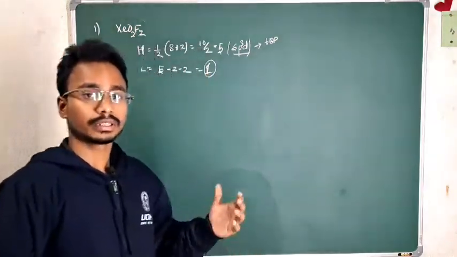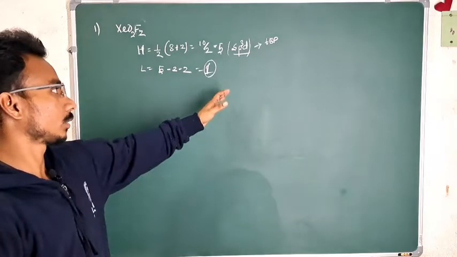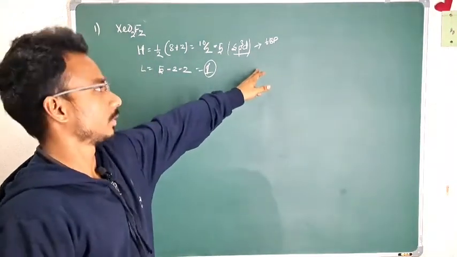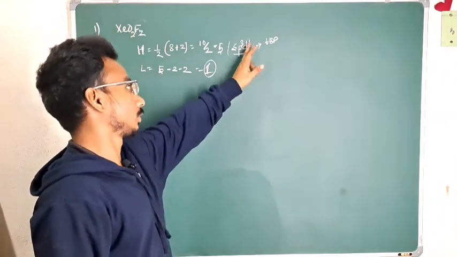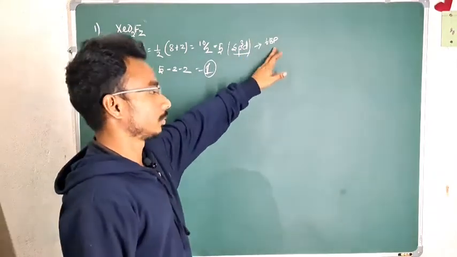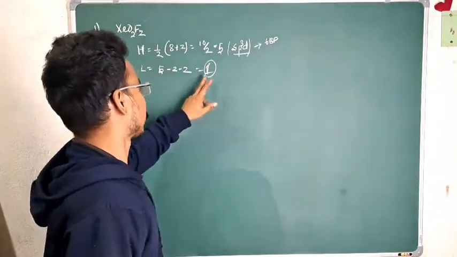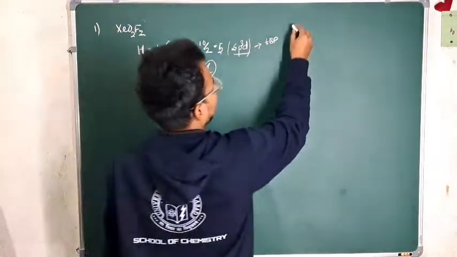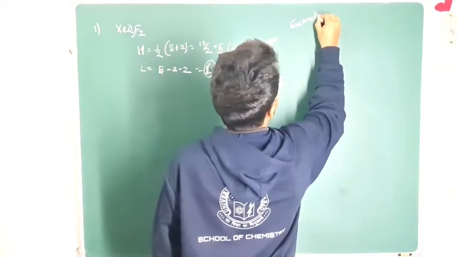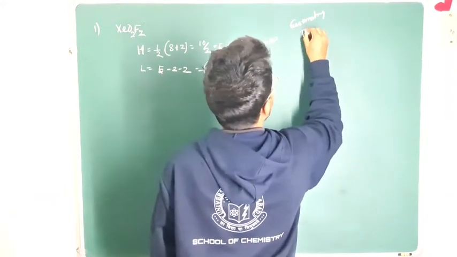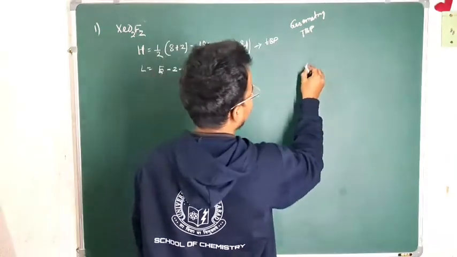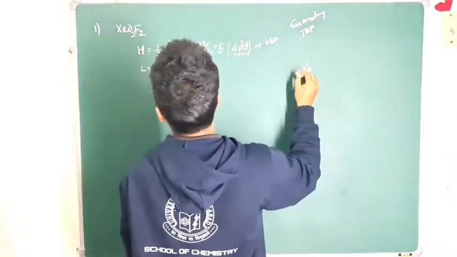If they ask about the geometry, because the hybridization is sp3d, it will be trigonal bipyramidal, but they are asking about the shape. So the geometry is TBP, but the shape will be different.